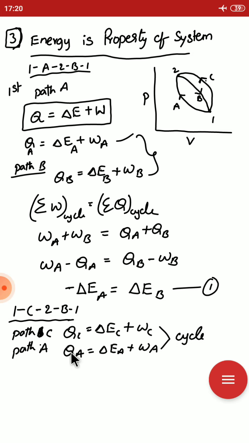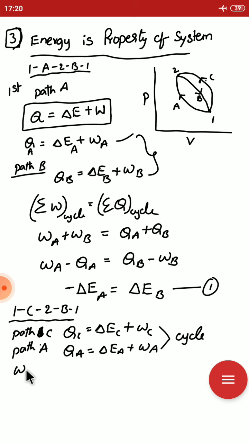By the first law of thermodynamics, for a closed system undergoing a cyclic process, we can write the summation of the work in the cycle is equal to the summation of the heat transfer through the cycle.